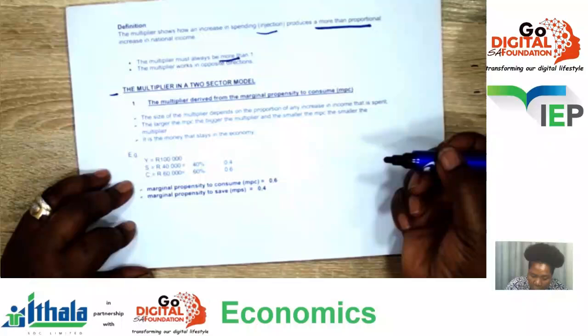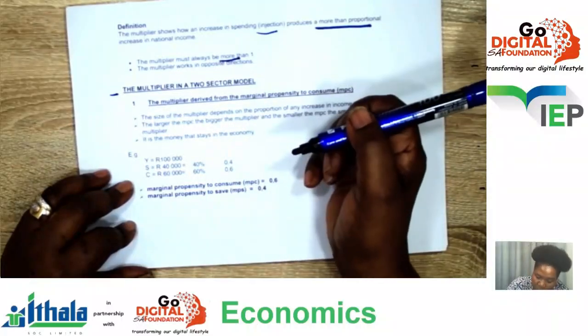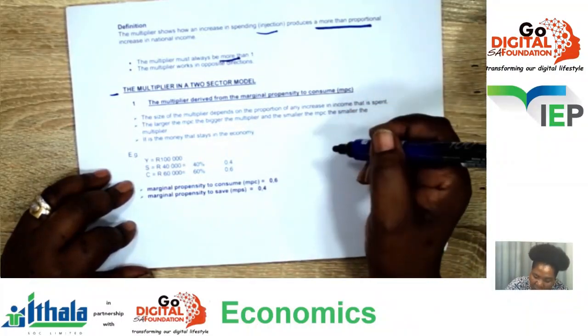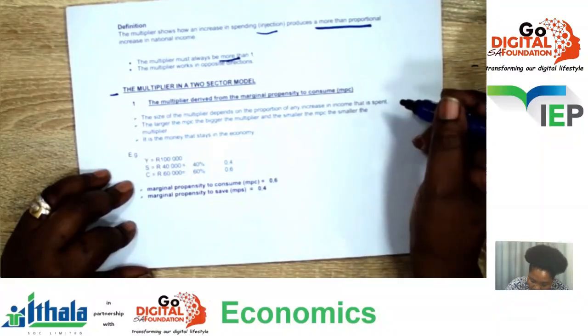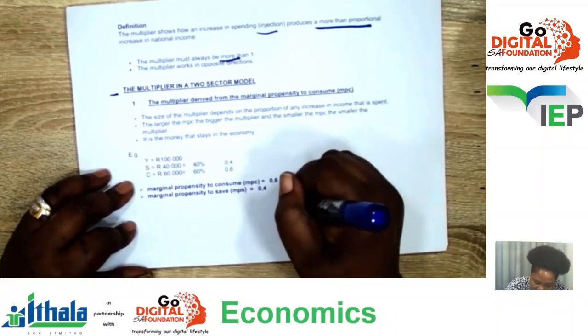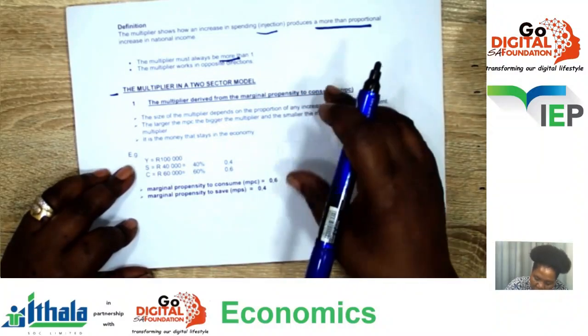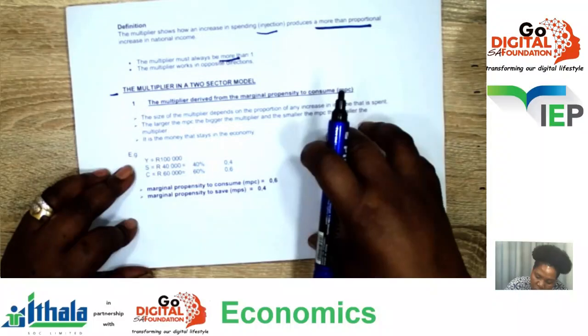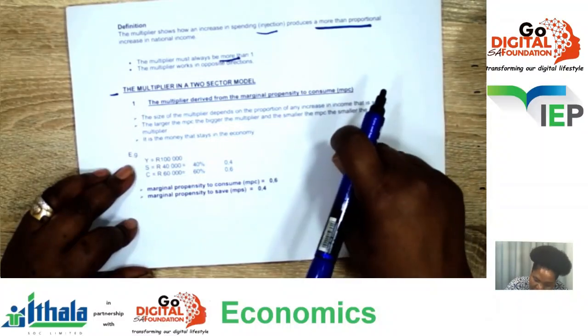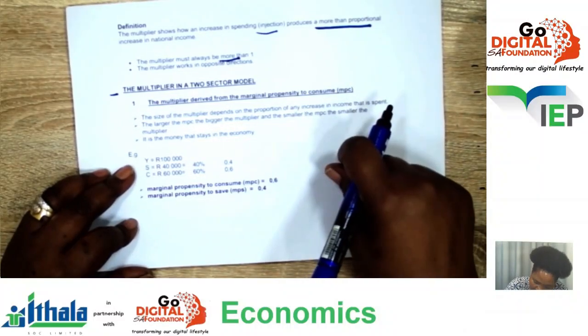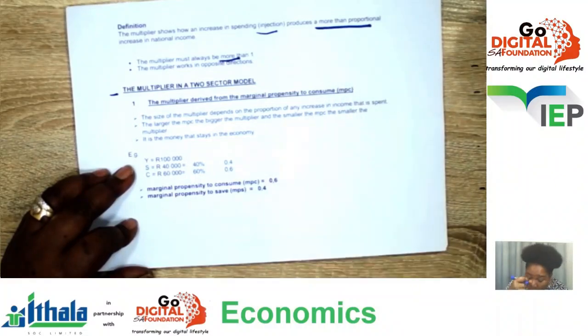It means that when the size of the multiplier is big, the MPC also is big. I've got this at the bottom here. If we're saying it's the multiplier, we're just looking at this amount of money, this income that I have. So what do the business people want to do?